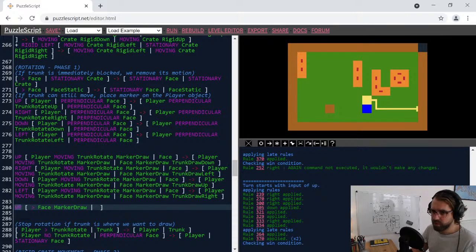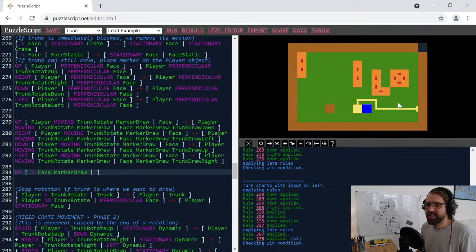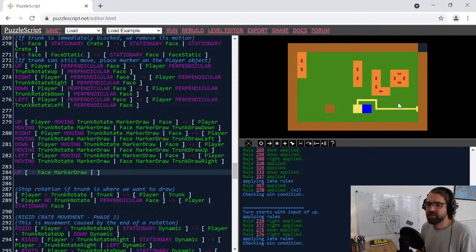No. Face mark draw. It's really difficult to do. Marker draw. I don't know if it's connected around like that, and if it is connected around like that, abort the rotation. Or no, continue the rotation.